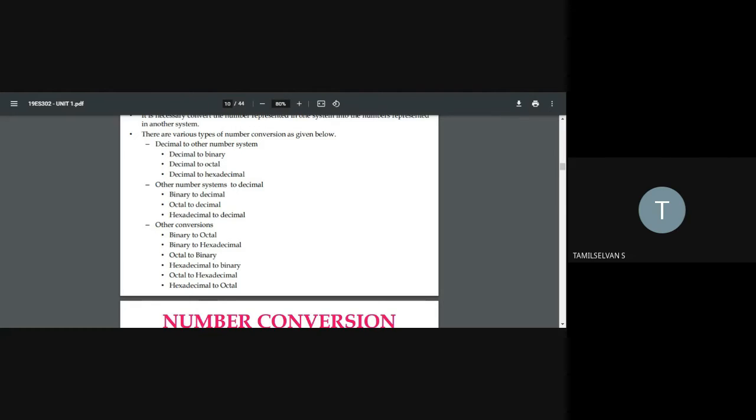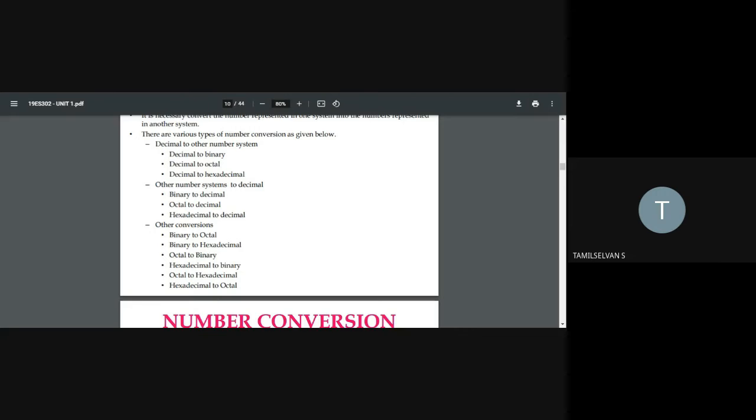Again I will repeat: first the octal value is converted into a binary value, then that binary value is converted into a hexadecimal value, so it is called the indirect methodology, because there is no direct methodology to convert an octal value into a hexadecimal value.